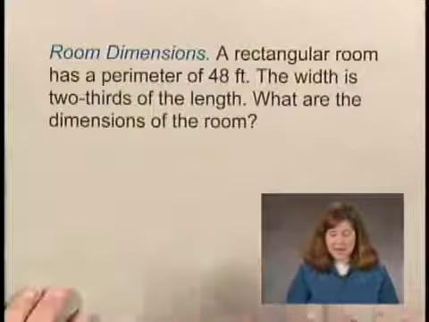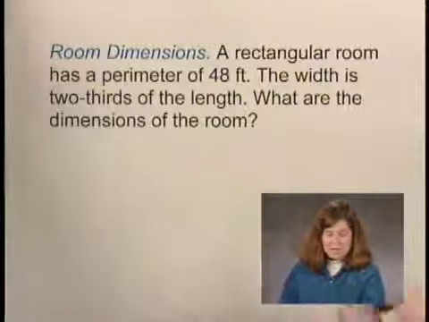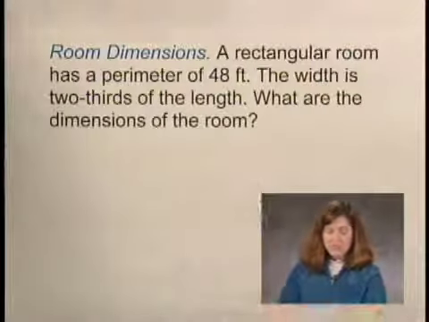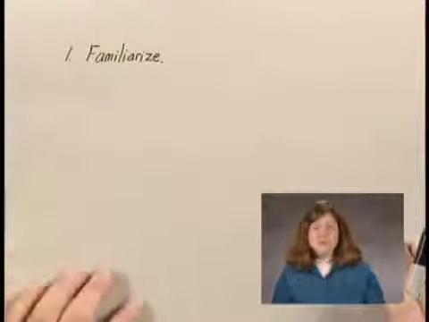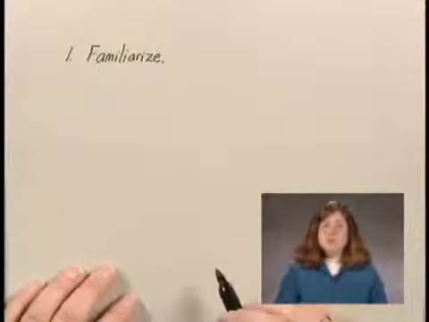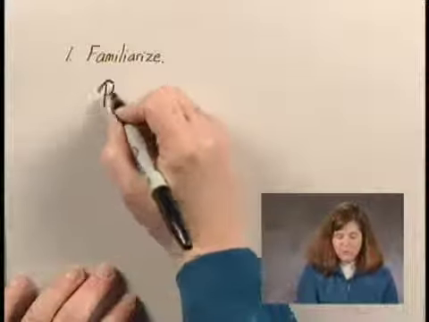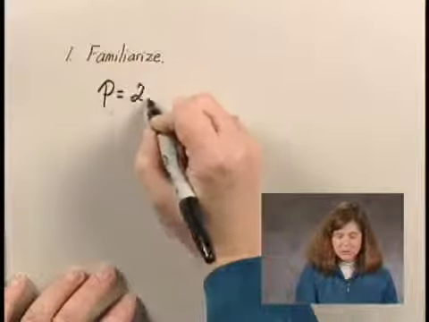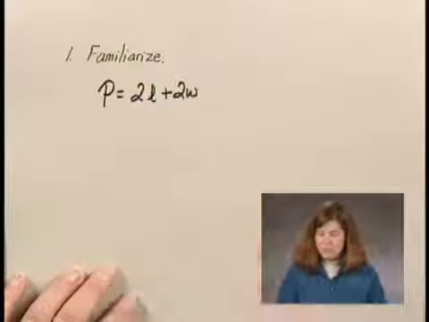Now, since we have a rectangle, we're looking at the perimeter of the room. When we go to our first step of problem solving, to familiarize ourselves with the situation, we would need to recall or look up the formula for the perimeter of a rectangle. The perimeter of a rectangle is twice the length plus twice the width.